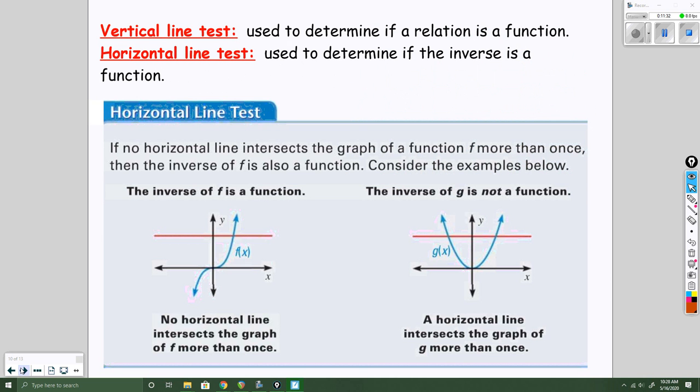All right, so let's check it out. Maybe we just want to determine whether something is a function or not. From previous sections, we could use the vertical line test. That's used to determine if a relation is a function.